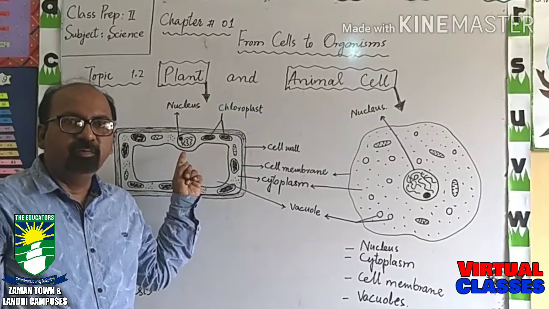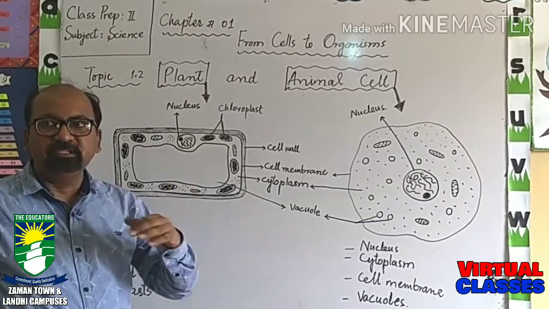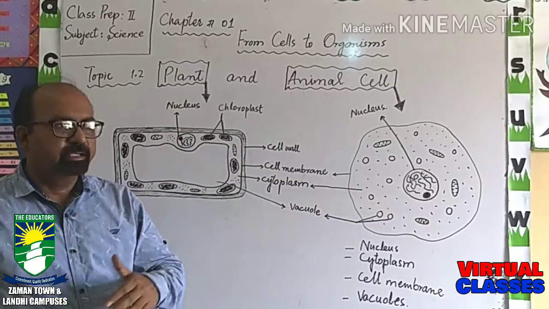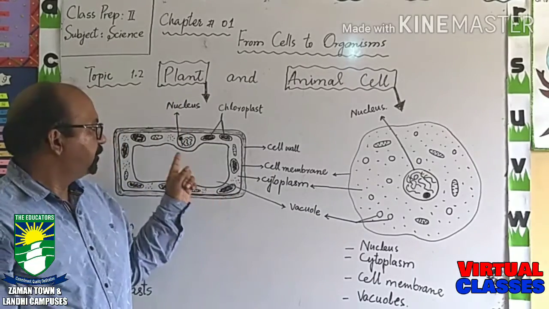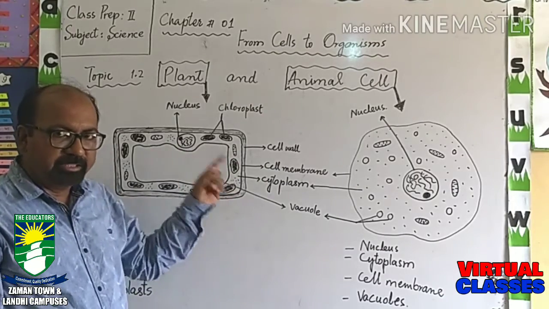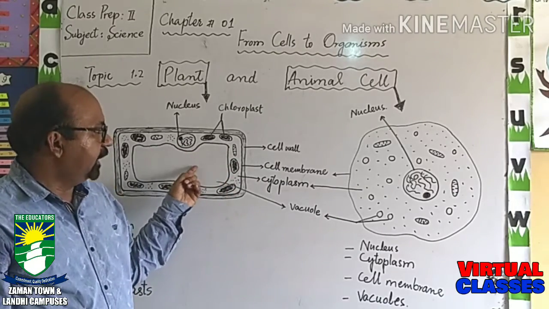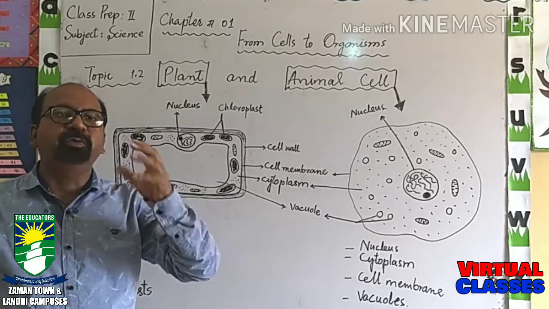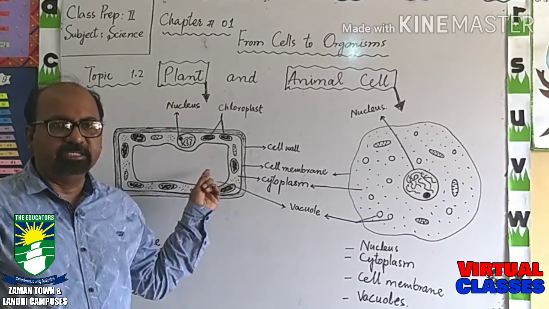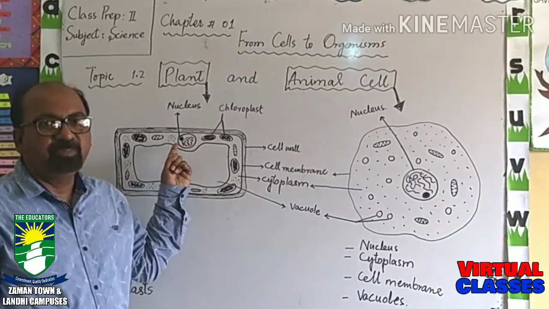Nucleus is the brain of the cell. As in human being, brain controls all the body. In the same way, nucleus controls all the activities which are taking place inside the cell. What do you mean by activities? All the functions which are taking place inside the cell, they are controlled by the nucleus.